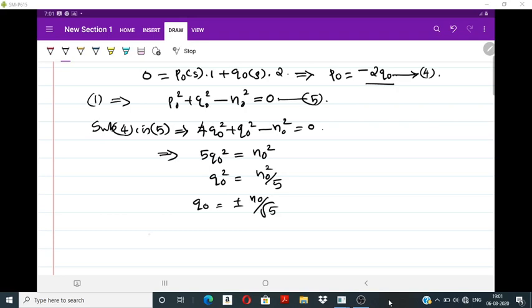Since P naught is minus 2 into Q naught, we take the negative value for Q naught in order to make P naught positive. So it's not compulsory.